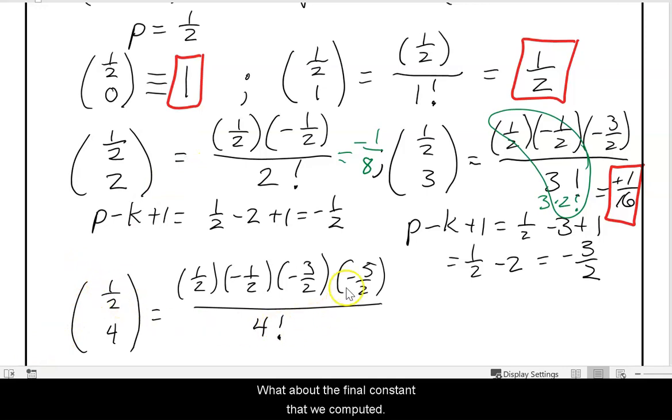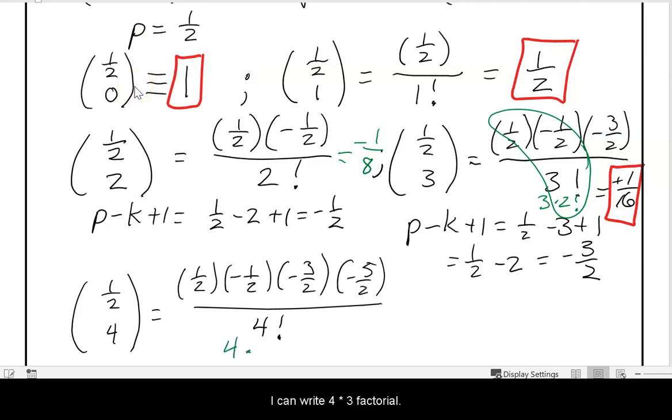What about the final constant that we computed? Notice that up here, this is 1/2 times -1/2 times -3/2 divided by 3 factorial. The 3 factorial is a part of 4 factorial. It is 4 times 3 factorial.